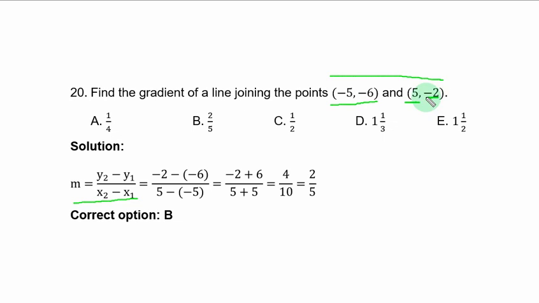If you replace everything in the formula, you have these results. That simplifies to this. You have 4 over 10, which reduces to 2 over 5. B is the correct option.